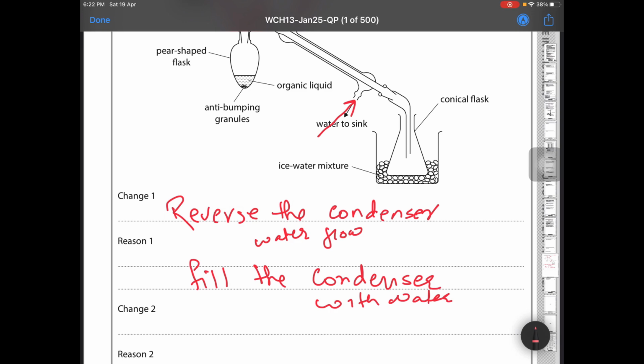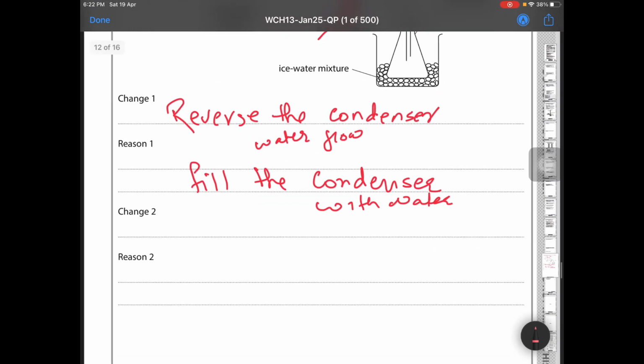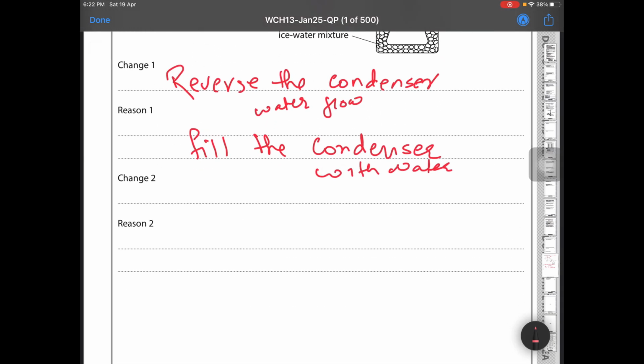Kindly ignore my handwriting. And the second one is obviously the stopper. The stopper is missing. So the second change you will make is adding a stopper. Why? If you don't add the stopper, the gas will escape and you will not get your distillate. So you can say to prevent gas escape.